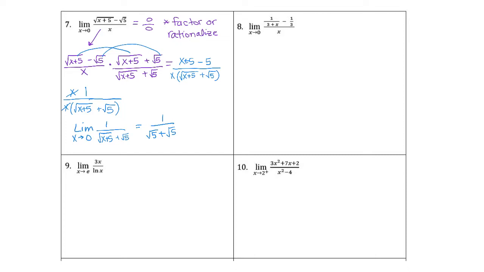All right, number 8. So again, we're going to have to do some substitution to see what happens. And then here, let's see, if we substitute in 0, I have 1/3 minus 1/3 all over 0. And again, that results in 0 over 0. So that means that we're going to have to do some kind of factoring or rationalizing, which in this case, what we're going to have to do is simplify our fractions.